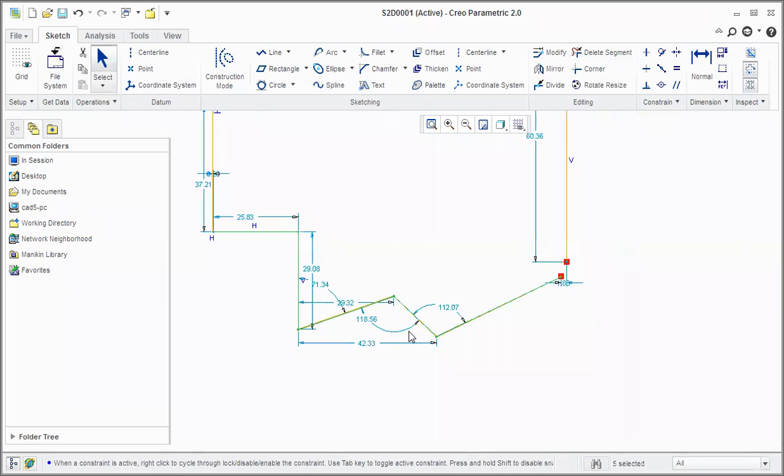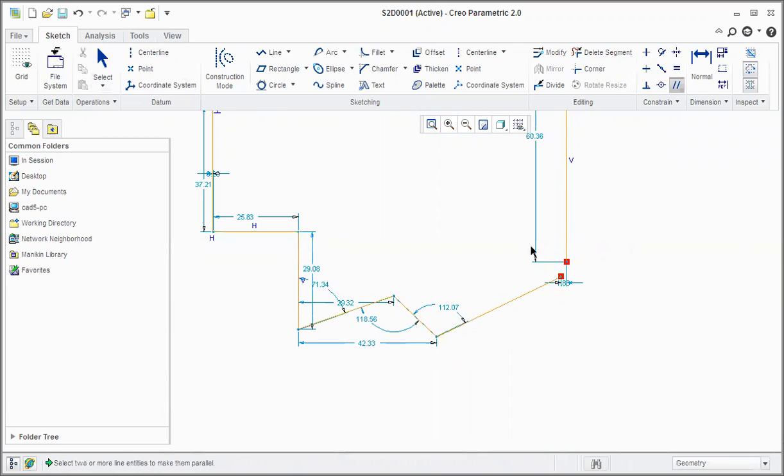When we want to draw two lines parallel to each other, then we have to use this parallel constraint. Suppose these two lines should be parallel to each other, then we have to use the parallel constraint. So let's see how it works.